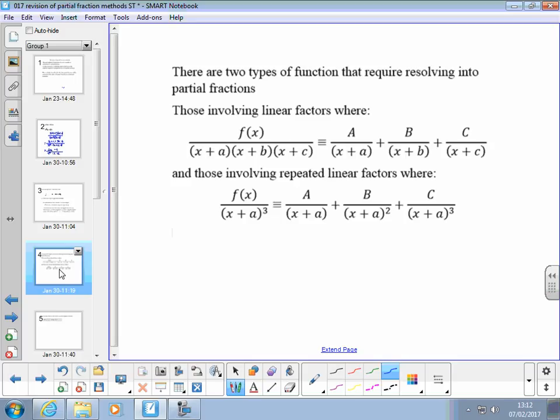There are two types of function that we're going to look into that we require resolving into partial fractions.